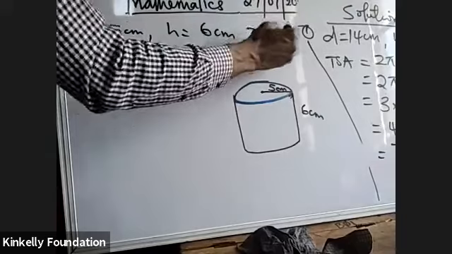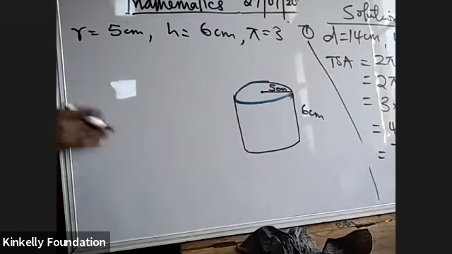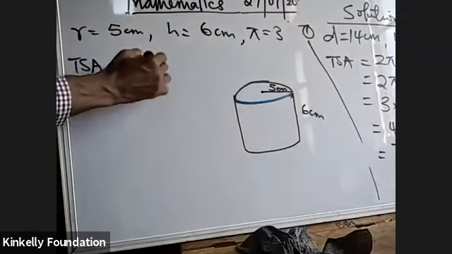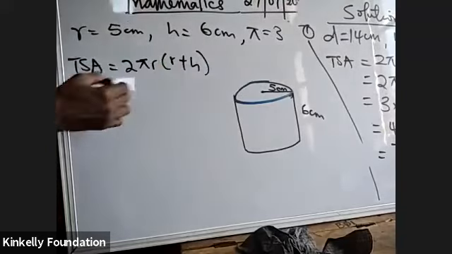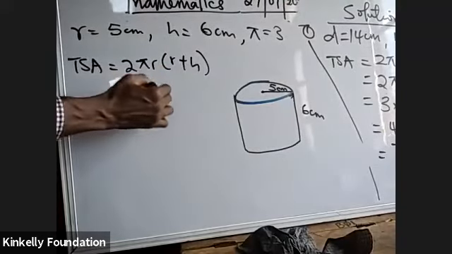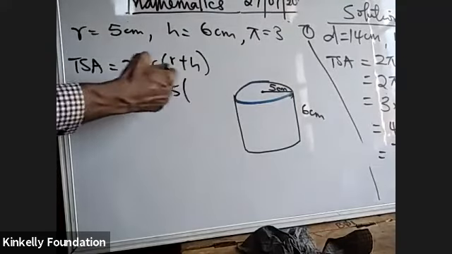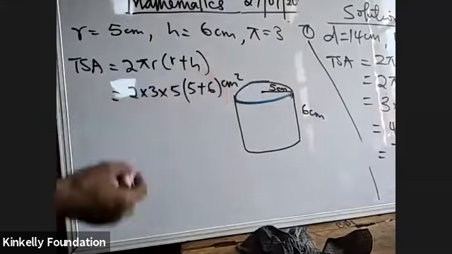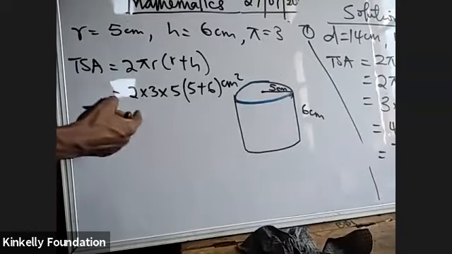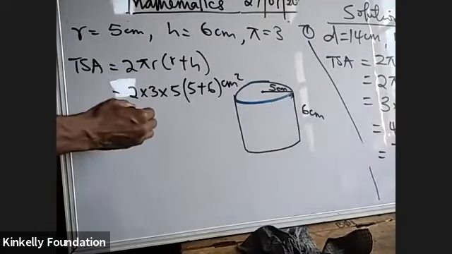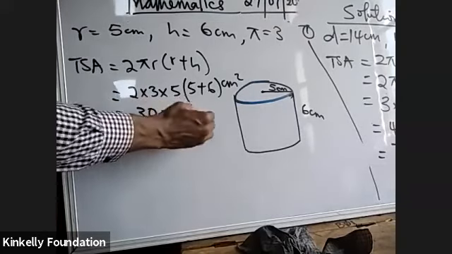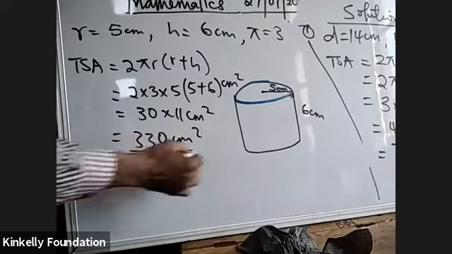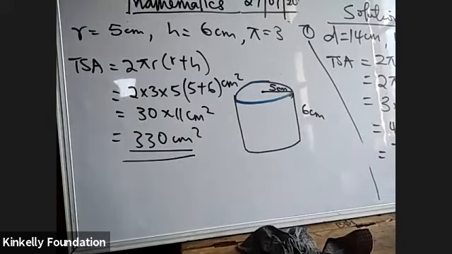Pi is 3, as we are told. So the TSA, using our first formula, is 2 pi r bracket r plus h for a closed cylinder. This is 2 times 3 times 5 bracket 5 plus 6 cm squared. So 2 times 3 is 6 times 5 is 30 times 11 cm squared to give us 330 cm squared. So this is the answer to the last one.